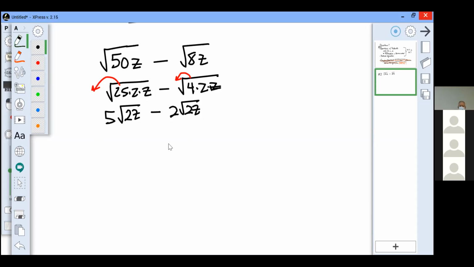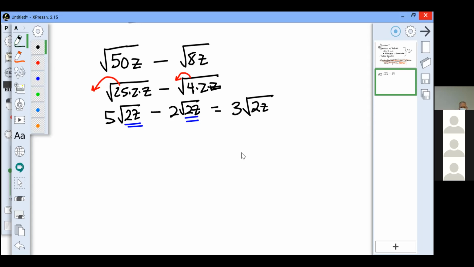And now when I do that, the expressions under the radical, both being exactly the same, are now like term radicals. And I can then just deal with the coefficients that are in front. 5 minus 2 is 3.